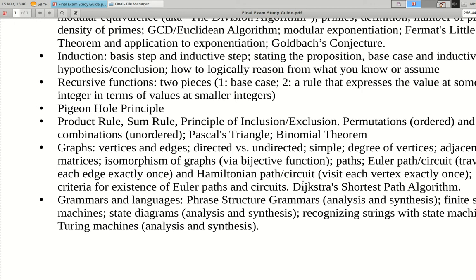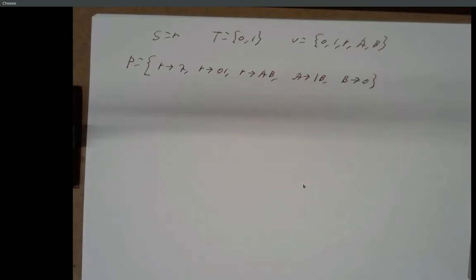We have a vocabulary, which is say 0, 1, R, A, and B. And then we have production rules, and our production rules might be R can go to lambda, R can go to 0, 1, R can go to A followed by B, A can go to 1 followed by B, and B goes to 0. That's a really goofy language, but that's okay. So that's a phrase structure grammar.